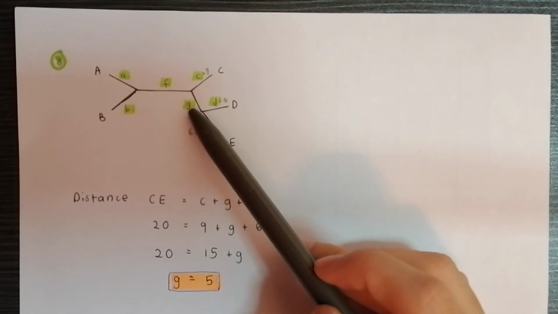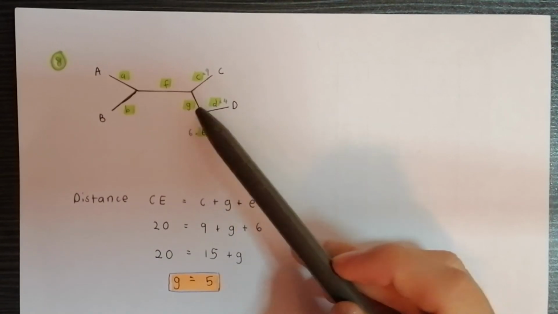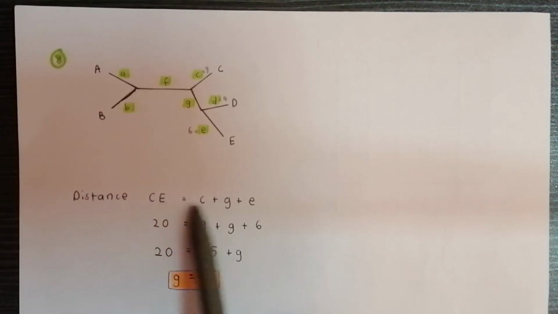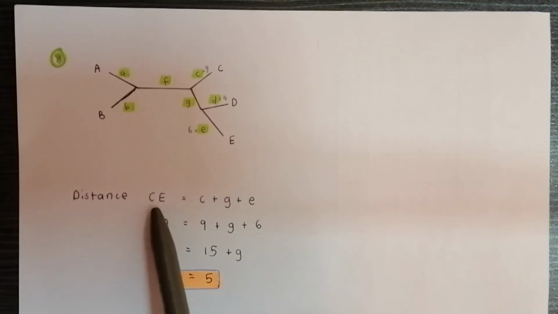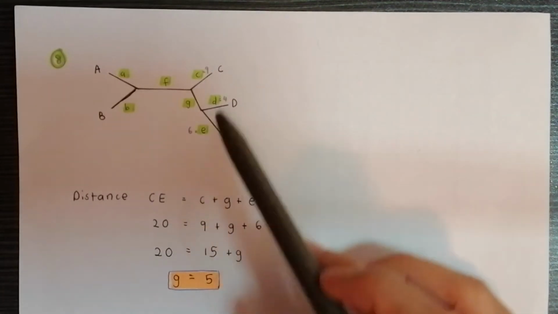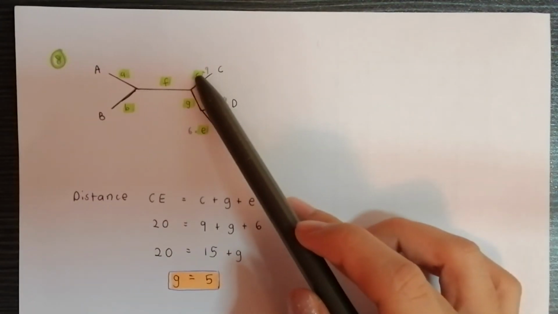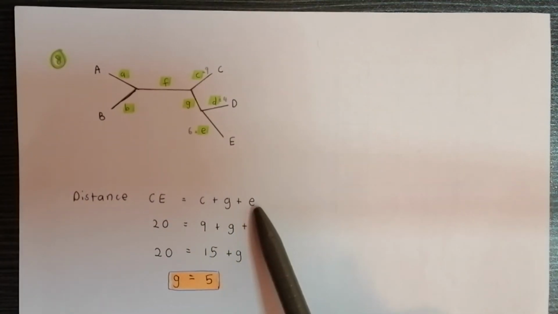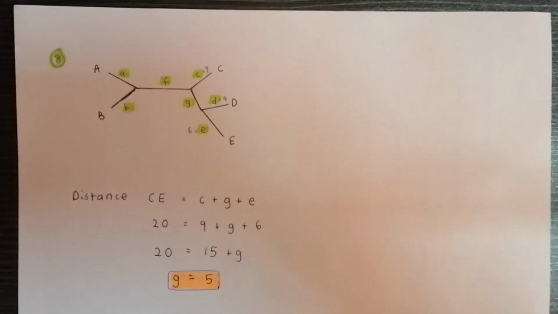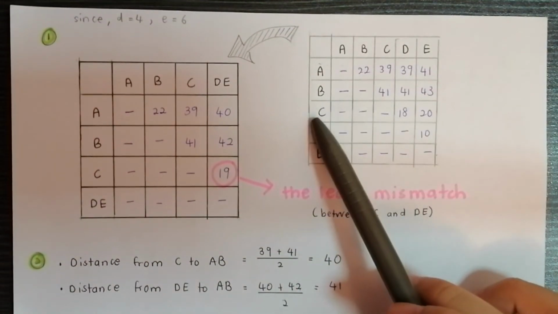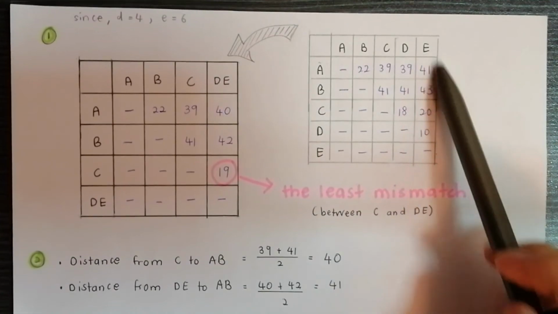So what is the value of G? The value of G we can get from this equation. As we can see here, the distance from C to E is the addition of C plus G plus E. From the original table, we can see that the distance from C to E is 20.